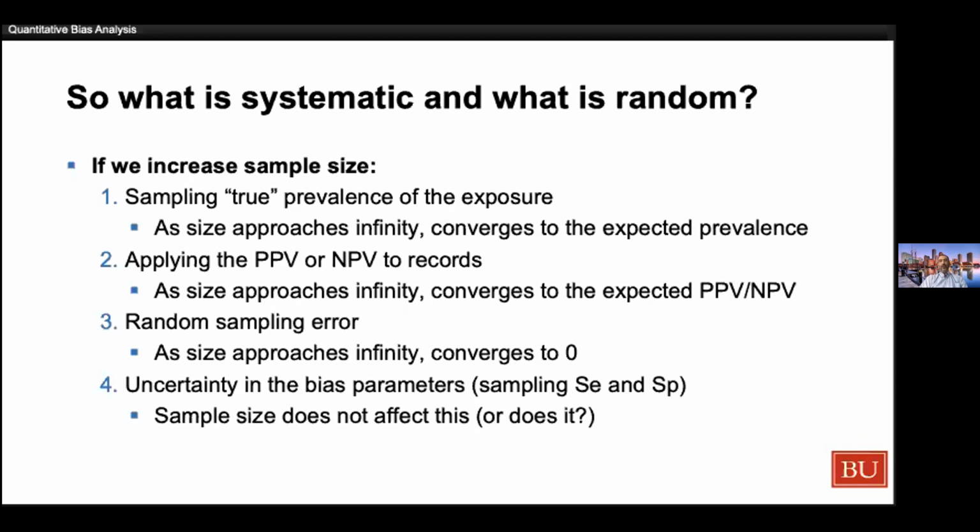But it raises two other interesting questions. The first one is, if probabilistic application of misclassification is part of random error, why does it not get accounted for in my conventional random error? When you calculate a conventional p-value or confidence interval, you're not accounting for the randomness in the misclassification mechanism.